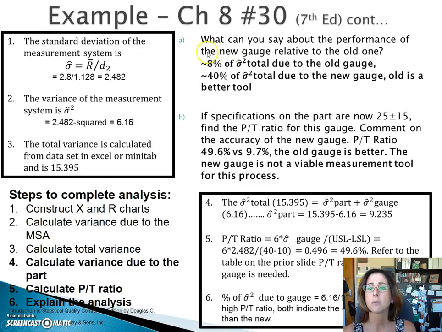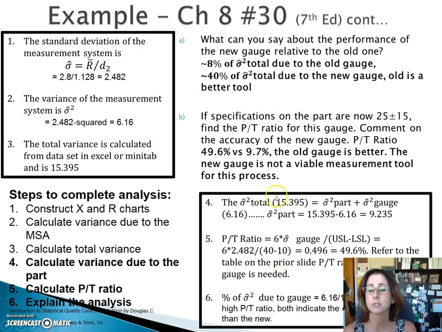So here we have 40% of the total variance due to the new gauge. If I compare 8% of total variance being due to the old gauge versus 40% due to the new gauge, it looks like the old gauge is a better tool because it's less of the total variance than the new, okay?